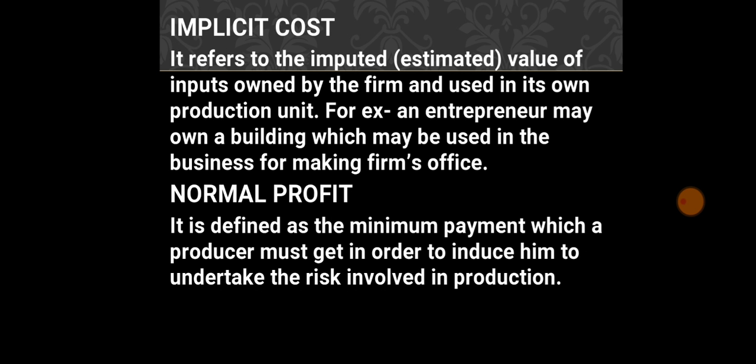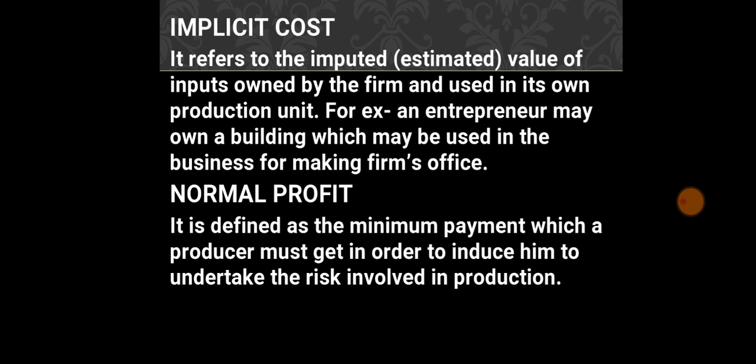Let us understand this with the help of an example. Suppose I am a firm owner. I own a firm, and I use my own personal building as the office of the business. In this case, I'm not paying rent to myself.